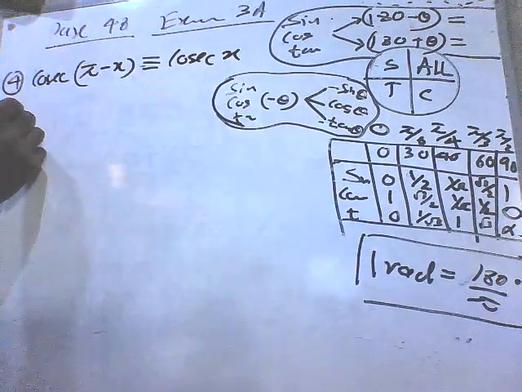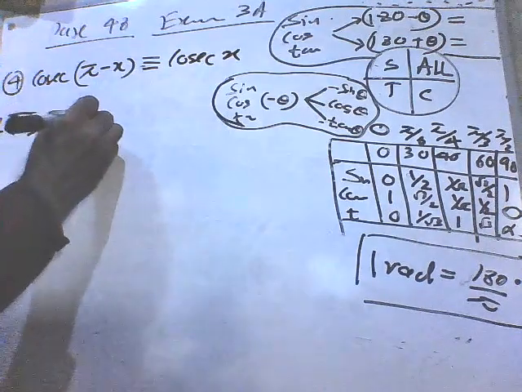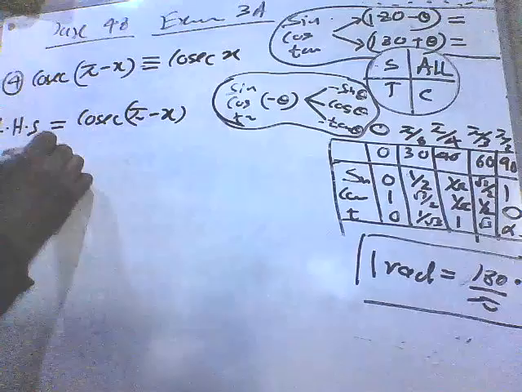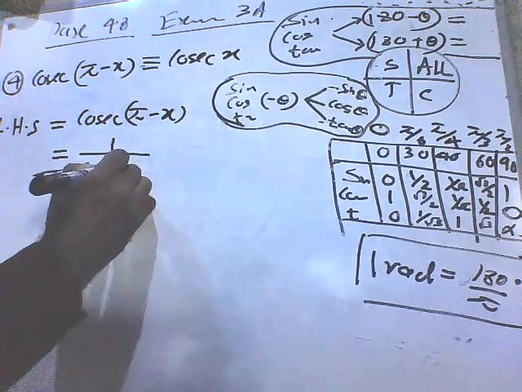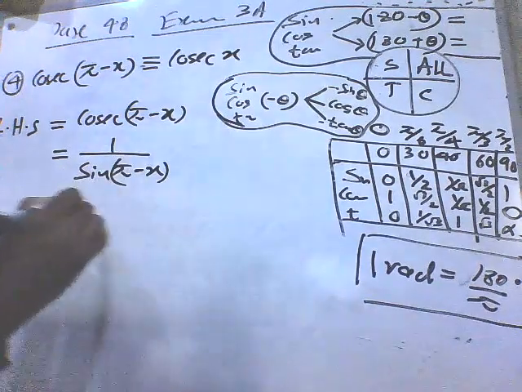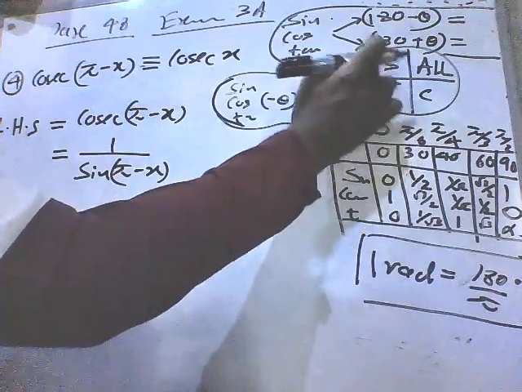So here I will do it like this. I will take the LHS, right? So that is equal to cosec of pi minus x, right? And that is equal to 1 over sine of pi minus x, right?